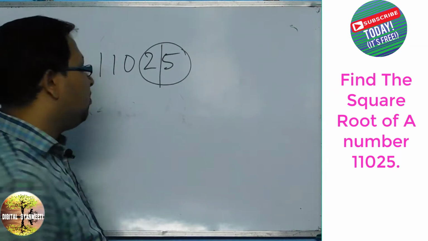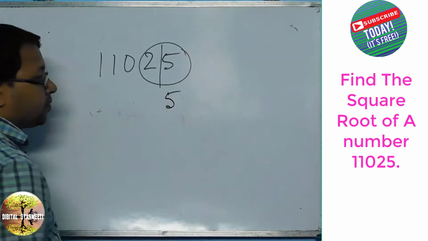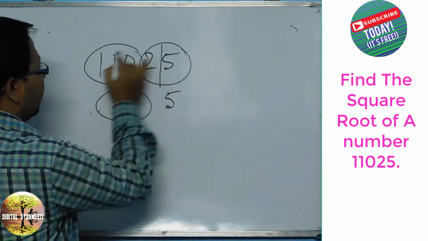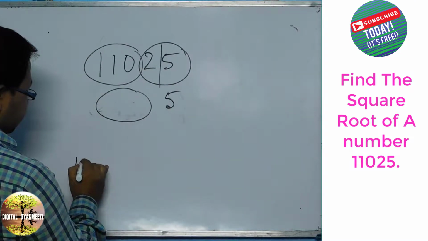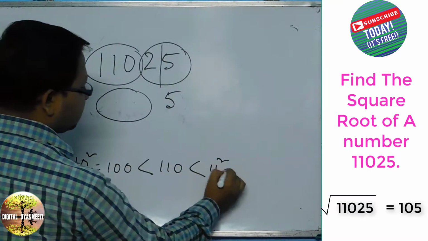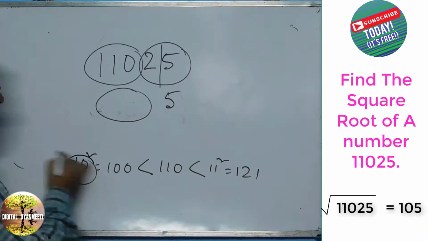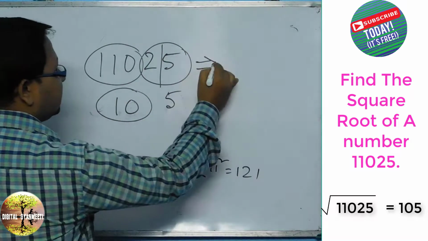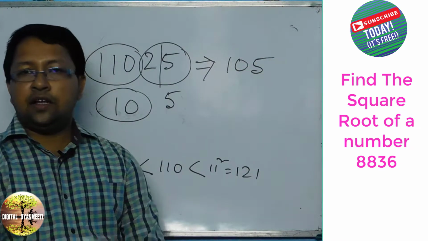We notice that for 5, the last digit of the square root is 5, and for this place we observe this number and find out it lies between 10 square, that is 100, and 11 square, that is 121, and we take the lesser one, that is 10. So in this place we write 10, and the square root of this number is 105.